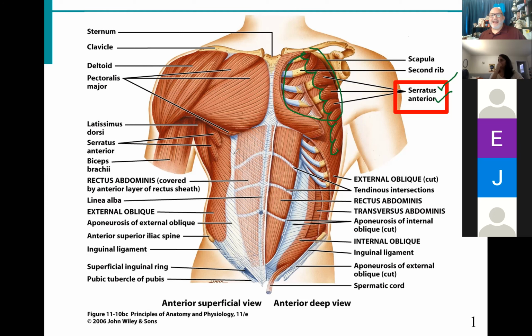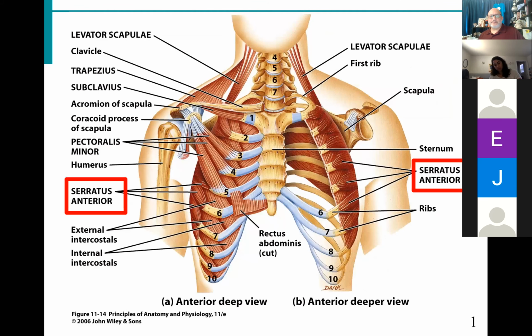Notice in the intact musculature, a couple of those fingers of the serrations can actually be seen. Now, the other picture I really like is this one from your textbook, where again, we see the serratus anterior on the left and on the right. And notice here on the left, they've removed most of the other muscles. So again, we see that origin really nicely here.